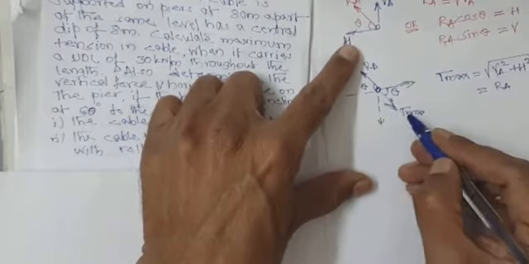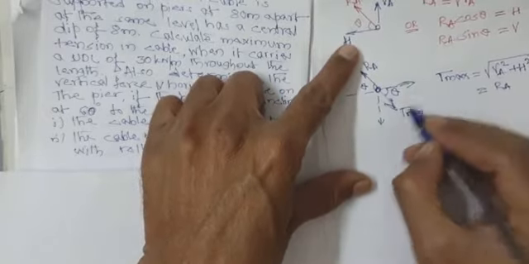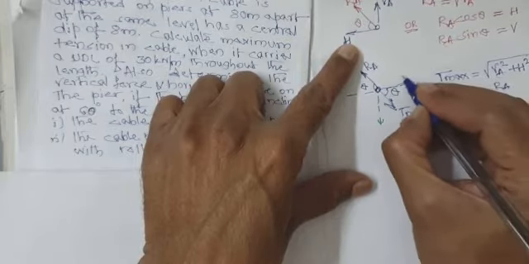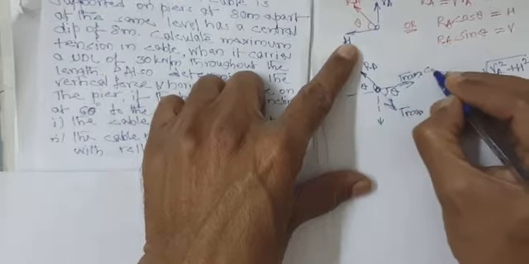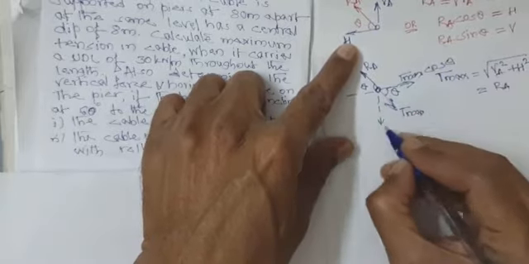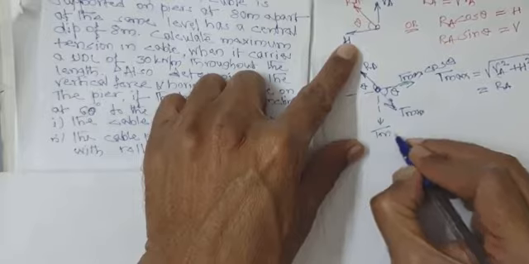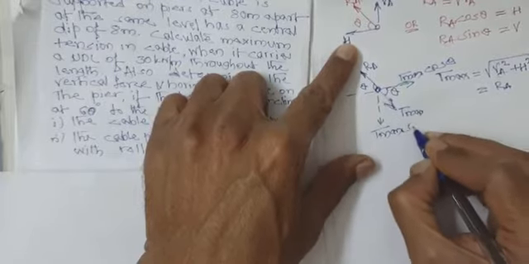Now if you resolve this T maximum along horizontal and vertical, you know that it is T maximum cos theta, isn't it? And this will be T maximum sin theta.